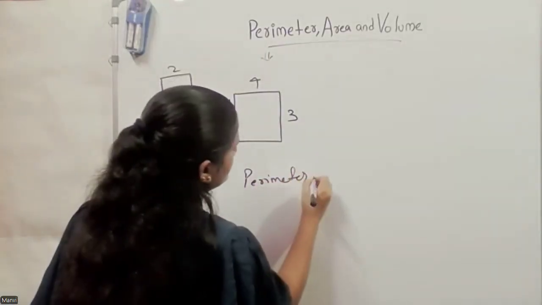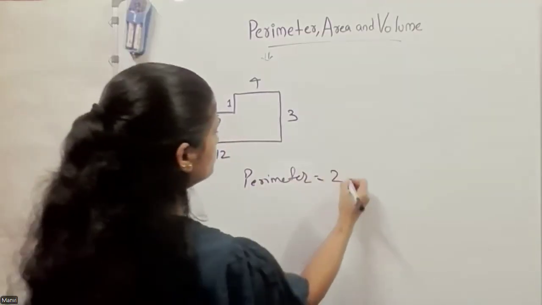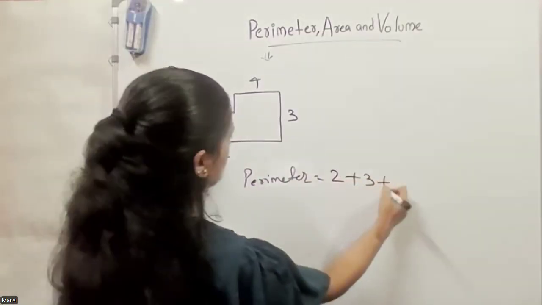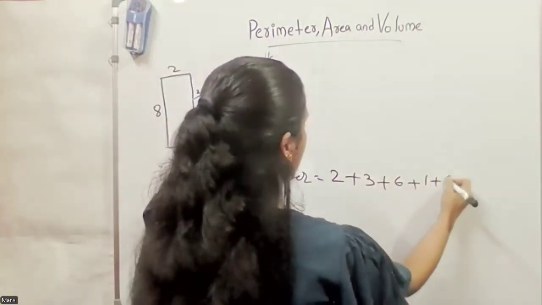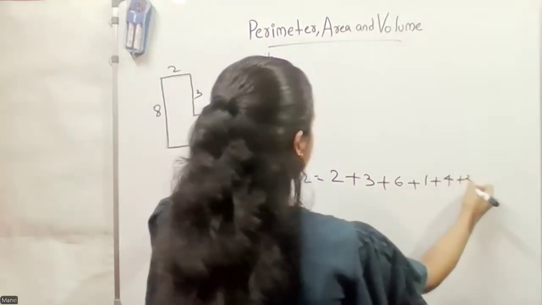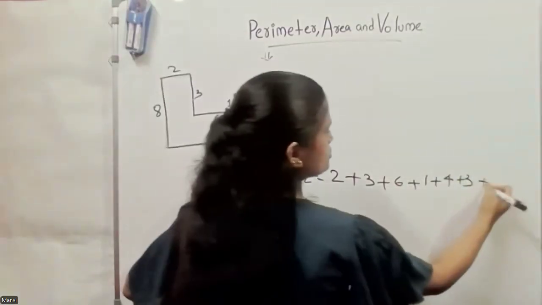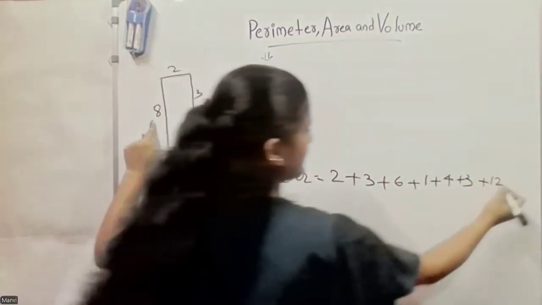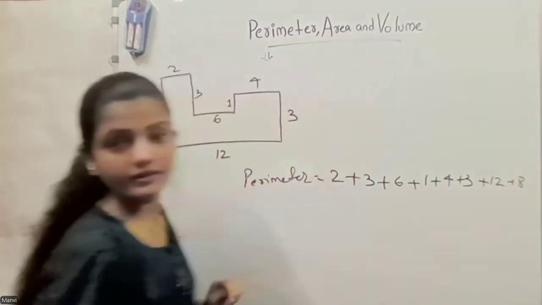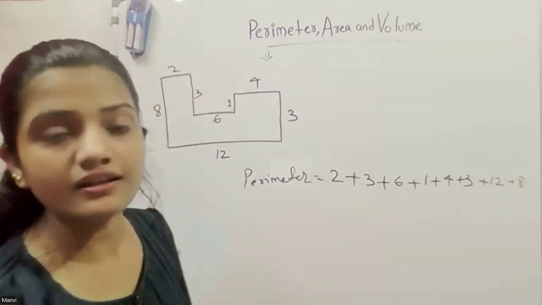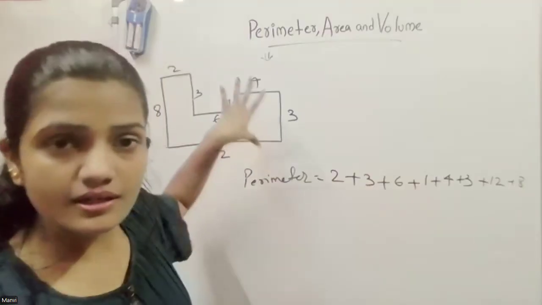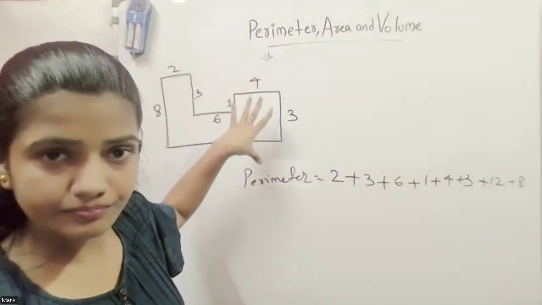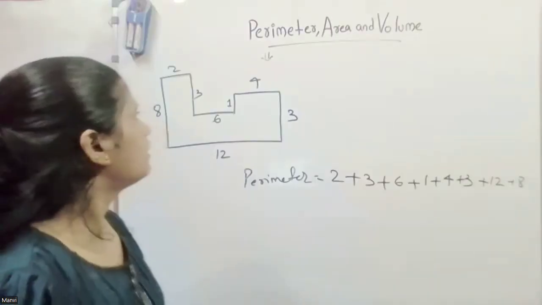Perimeter equals 2 plus 3 plus 6 plus 1 plus 4 plus 3 plus 12 plus 8. If you add all these, that is the perimeter of this shape. This way you can calculate.